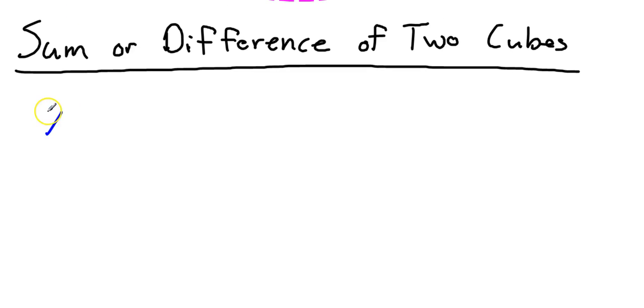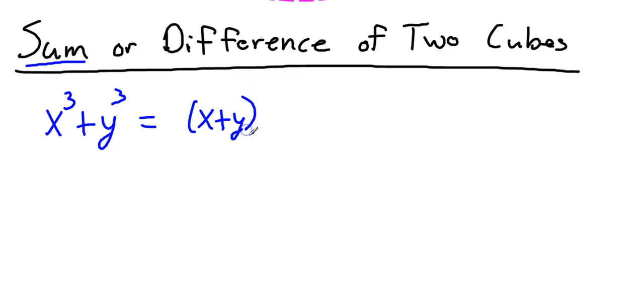And the thing is that when you get this one, there's not a whole lot of work to these problems. So if you start off with just something cubed, if we do the sum first, we've got x cubed plus y cubed. This is one of those, it's a formula, you memorize it, and there's nothing else you do to it. And we'll actually give you one with some numbers here in a second so you can see it.